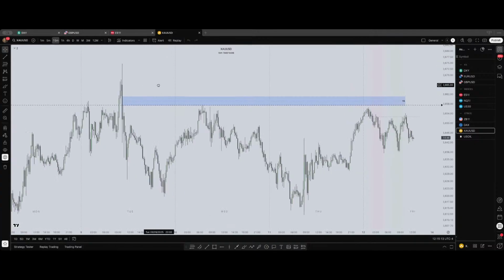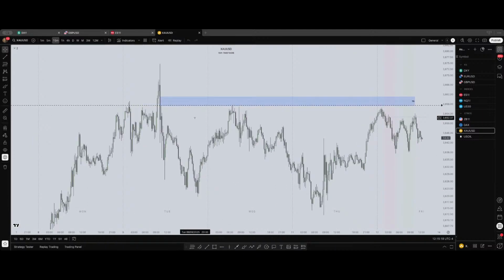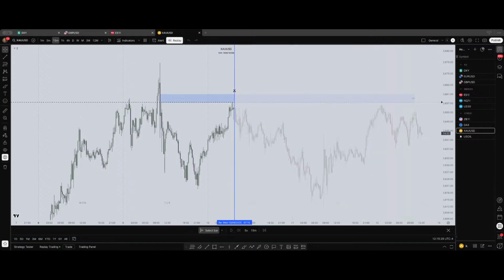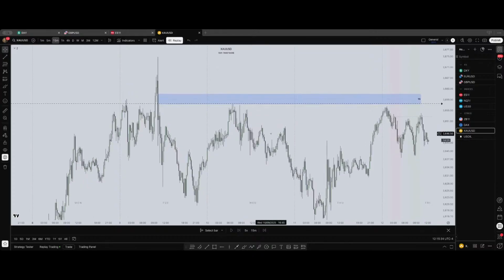I took a trade on Wednesday here. Here was a beautiful setup. I will show you how. I also shared this in the private group. So what happened? Well, it's okay, I won't go back, but I will show you.